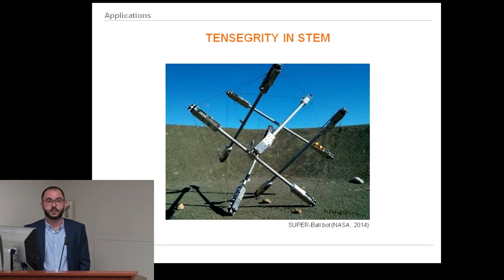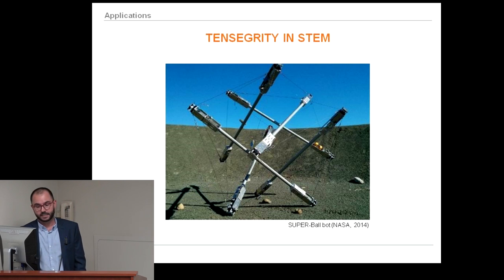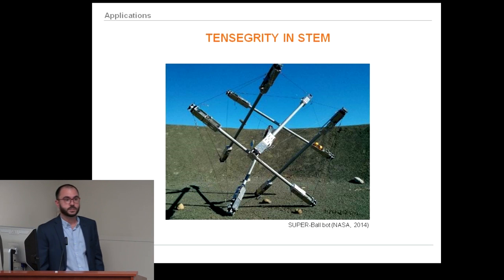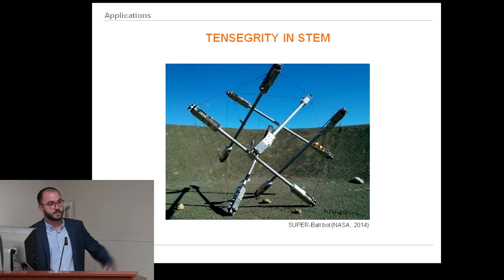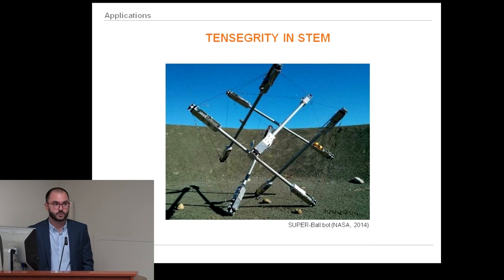And of course, NASA jumped in also, because these are robust structures. NASA presented the super ball-bot, which is basically a tensegrity structure that has actuators in the struts, so it can change the length of those elements, and by changing the length, we can make it move. They proposed this design for planetary landing and exploration.